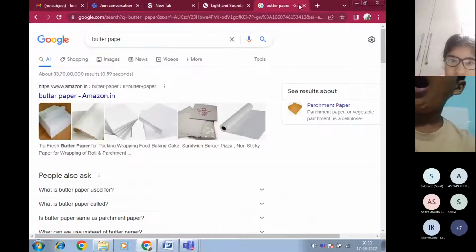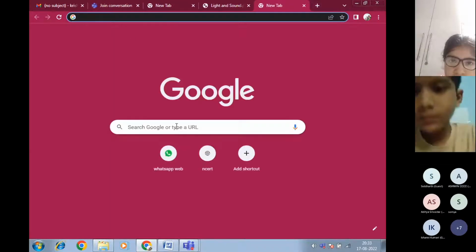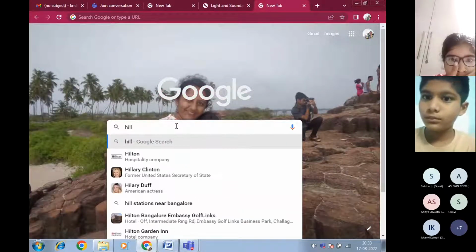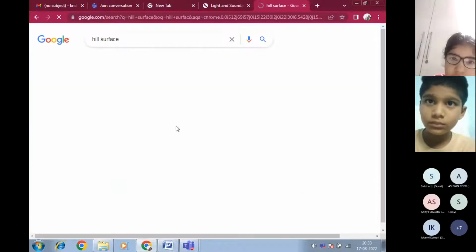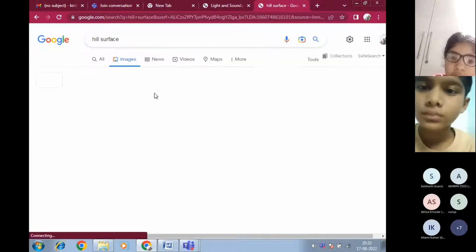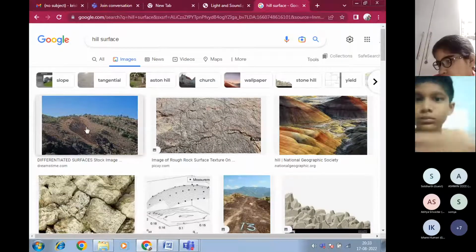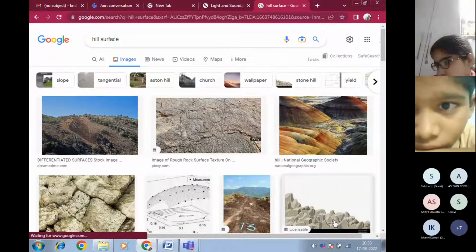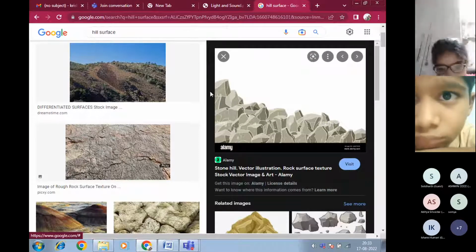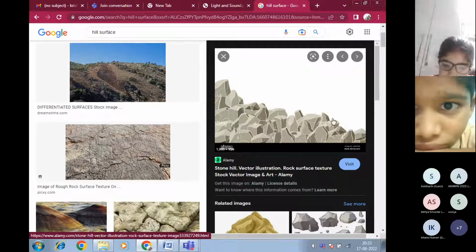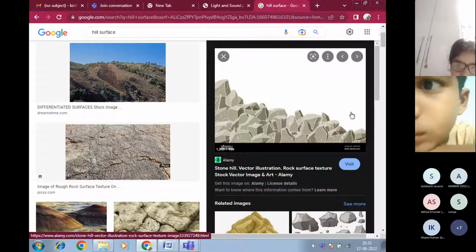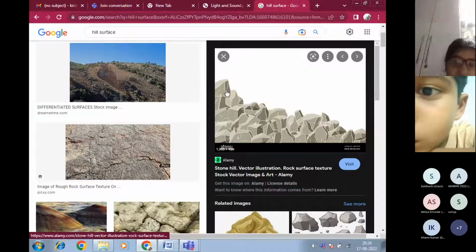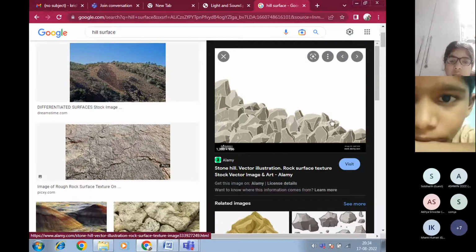For example, you take this, okay, one second. Okay, if you take this kind of surface, see here. Here one height, here another height, here another height, all different. It's not smooth, not flat, and not even. When the light falls on all these things, it will reflect in different directions, not in one direction.